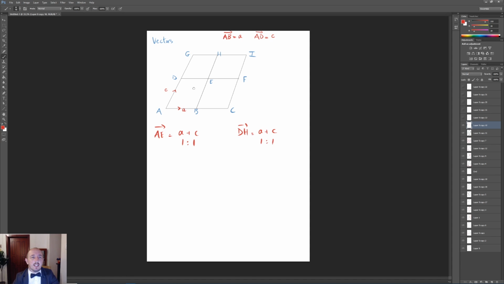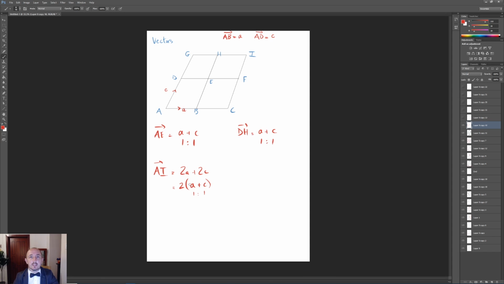Okay, if I was to go from A to I, then I would have to go 2 lots of A to get from A to C, and 2 lots of C. So would this be parallel to DH, for example? Well, yes, because they're in a ratio of 2 to 2. But I would take the 2 out as a factor, and then I would have A plus C, just to show that that's in fact a 1-to-1 ratio of A's to C's.